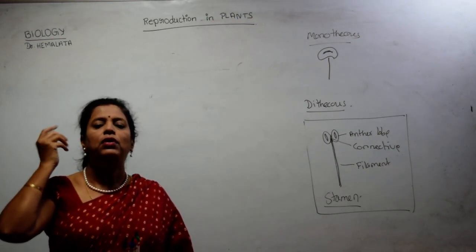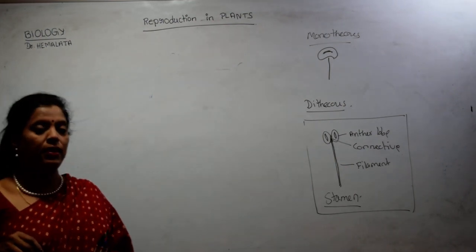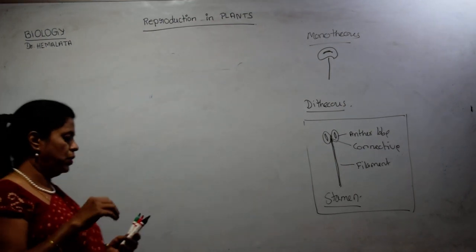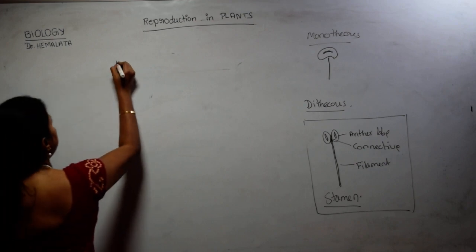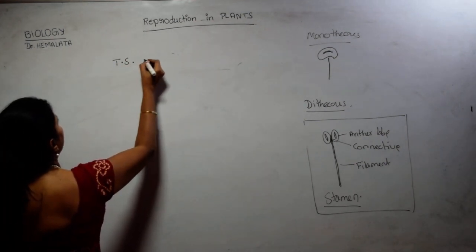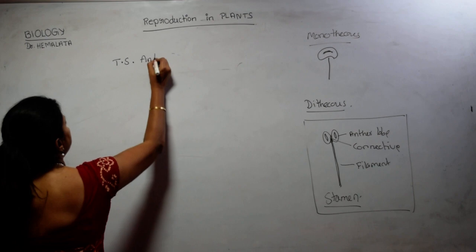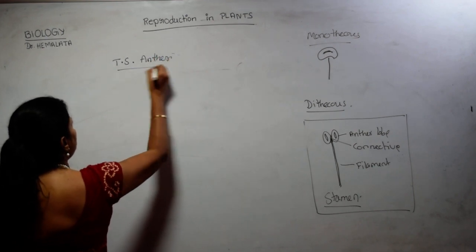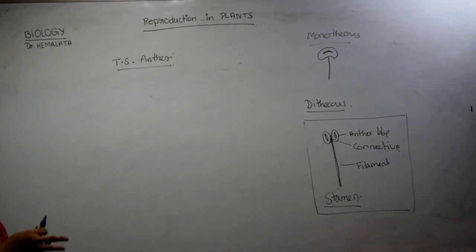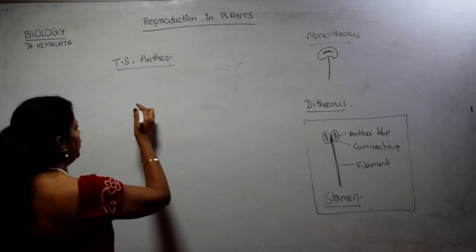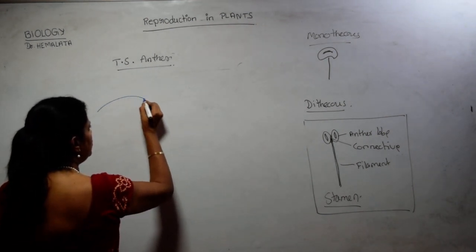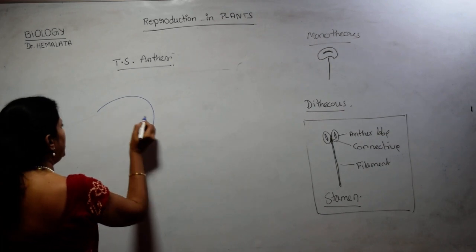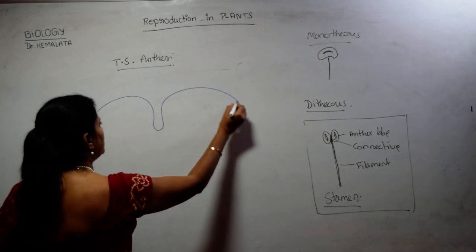So I will give you the section of a dithecous anther when you observe under microscope. Okay. So this is the tiers of anther or stamen observed under microscope. Okay. So you keep drawing this diagram because this is a 5-mark question to you from this part. Okay. So first I am drawing two anther lobes.